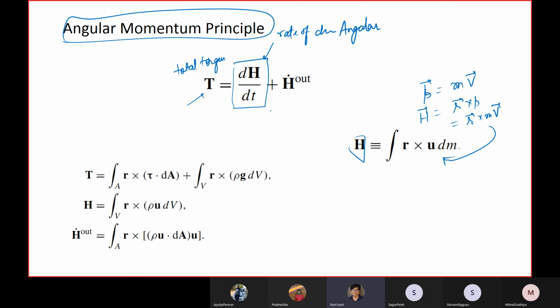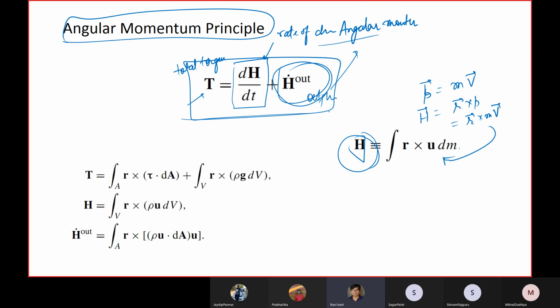So the rate of change of angular momentum plus an additional term, the net rate of outflux of angular momentum through that control volume, can be summed up as the angular momentum principle, where these terms are written here.